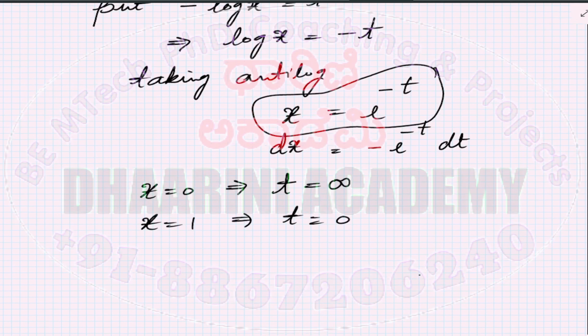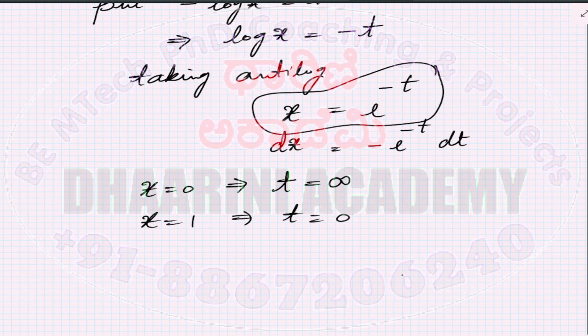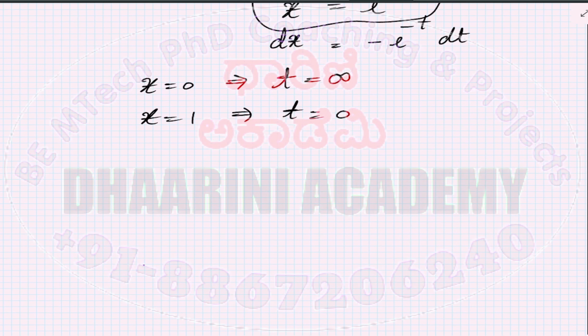Alright, so we got the values now. Now I need to use all these values we found so far and substitute them into the equation. Therefore, the I value becomes: lower limit t equal to infinity, upper limit t equal to 0.